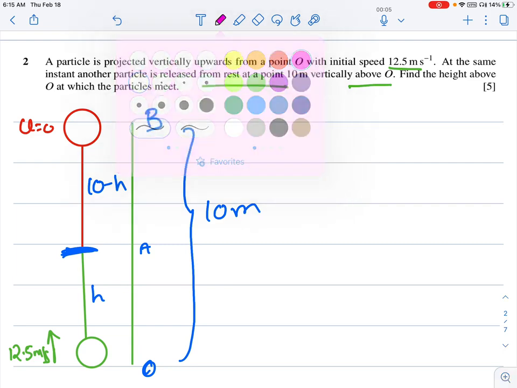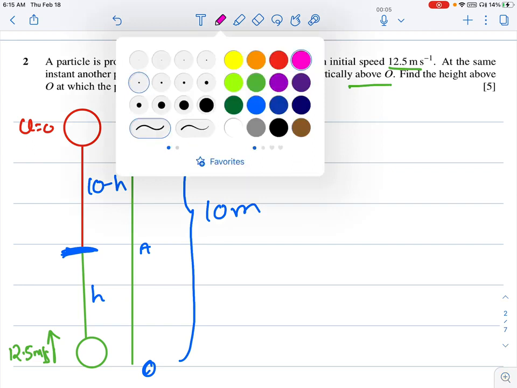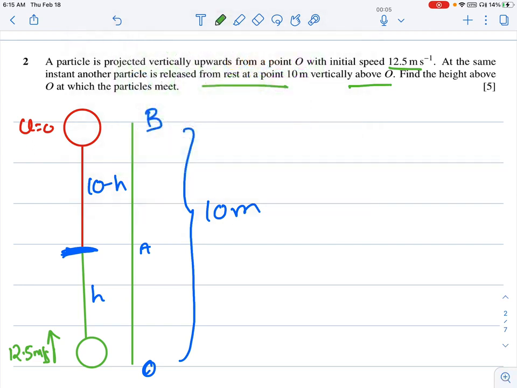So let us consider the first particle, in green color. Initial velocity is 12.5 meters per second, for the particle A. Acceleration due to gravity is going against the motion, minus g. I don't know the time, so let it be t.